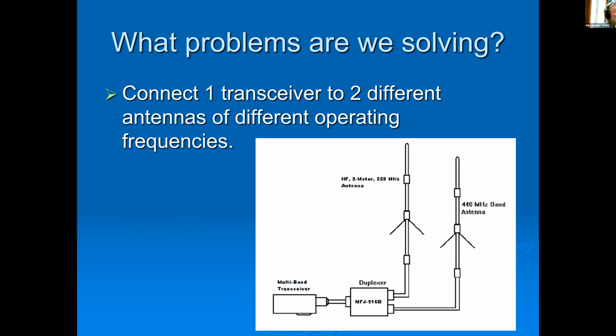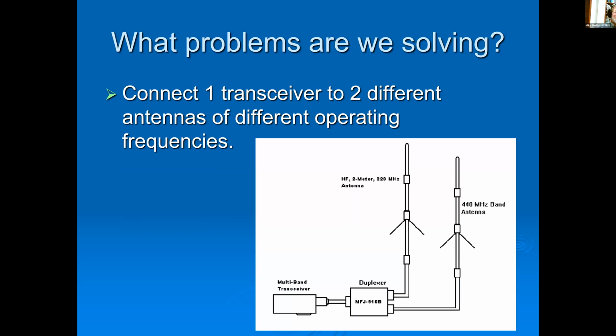So let's start off here with a little explanation. So we're going to kind of talk about what kind of problems you can solve with selecting one of these devices. So here I have a very simple use of it, and this is probably the most common, probably what you're going to end up doing if you want to use one of these devices, where you have two antennas outside.